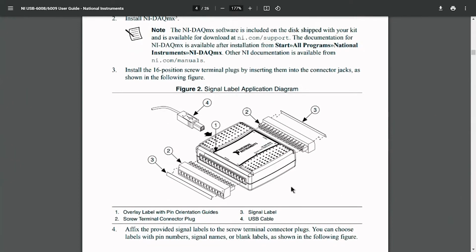The connections to this, as we have already seen, are the digital representation of the NI USB DAQ. Here we have a USB connection. On one side, pins 1 to 16 are for analog input, where we have a screw terminal connector plug, and pins 17 to 32 have another screw terminal plug, which is for digital communication.